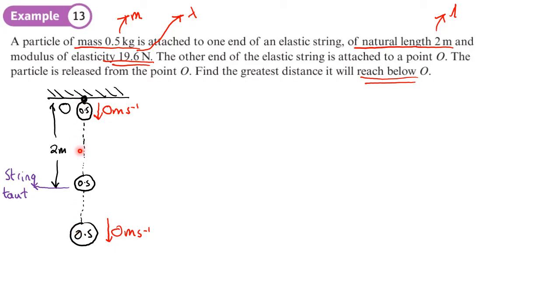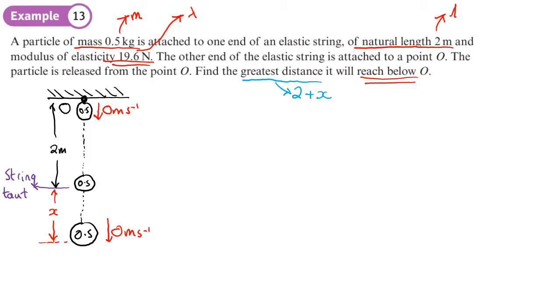So it drops its natural length, then it keeps on going and it gets stretched, and then it will get to a point where it flings back up again. So this distance here is x, its extension, and we want to find the greatest distance it will reach below O, and that will be 2 plus x.